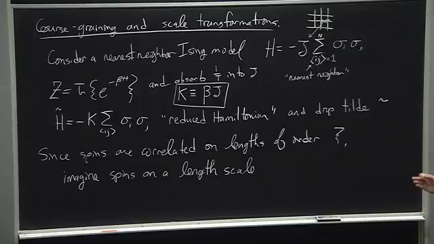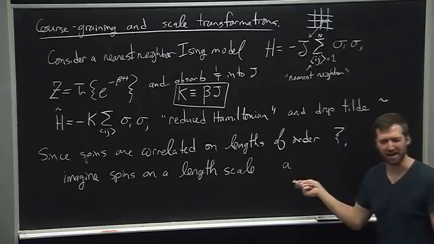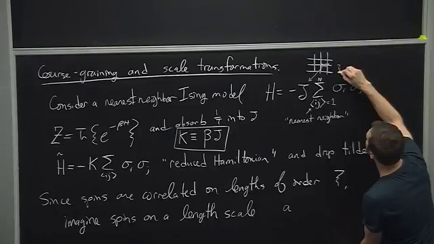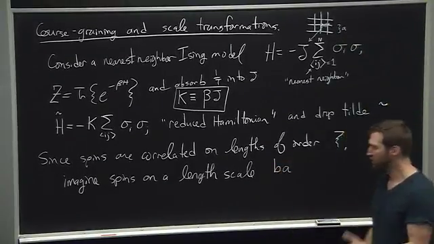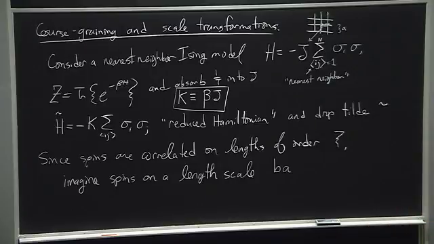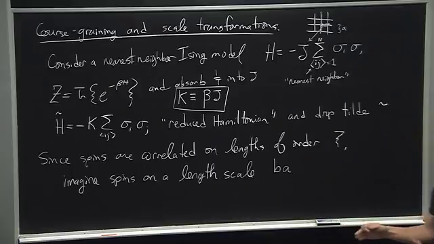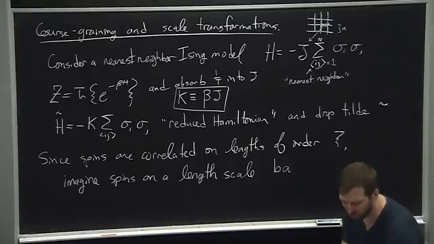So since we're correlated over large lengths, I can imagine spins on a length scale of some constant times A, right? So A is this length here. So let's call that constant B. So imagine whatever that is, a unit or a block of scale BA acts as a single spin effectively because it's all one correlated unit.